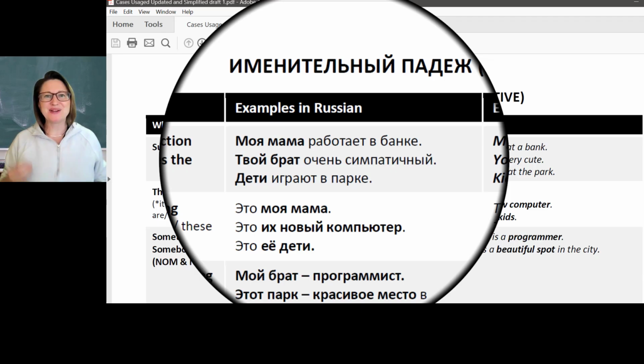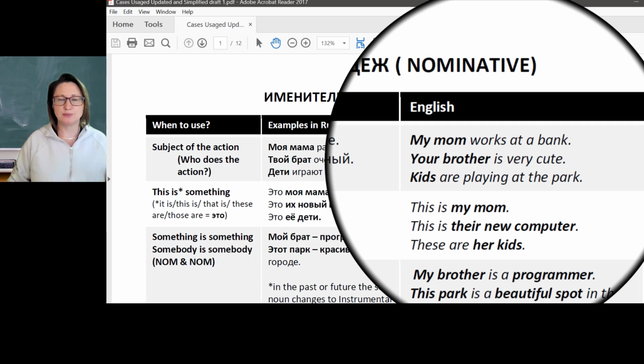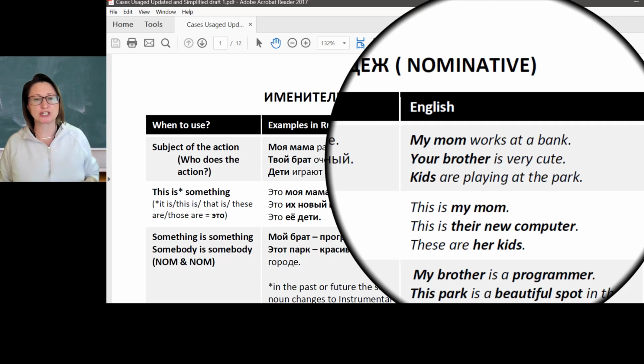And I understand that, but I do include it here because in English you have the verb. Your brother is very cute, so you can apply the same logic. Who is very cute? Your brother is. Your brother is going to be the subject of a sentence, and it's going to be in nominative when we translate this into Russian.